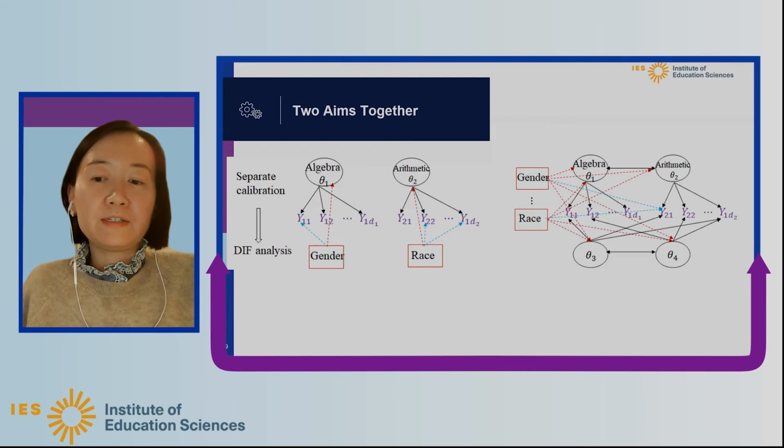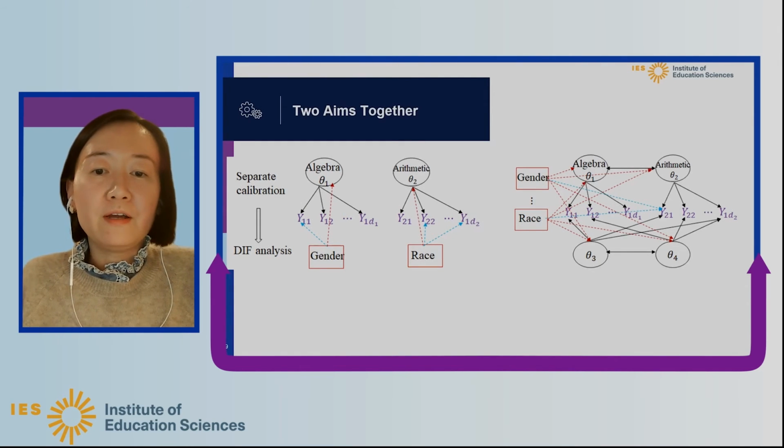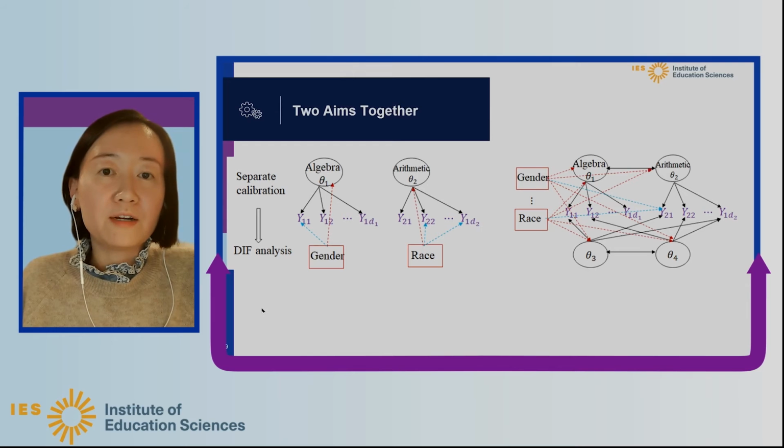And piecing these two aims together, here we show the comparison between the status quo approach on the left and the proposed approach on the right. In this graph, the Ys are the observed item responses, and the thetas are the conceptualized latent constructs.